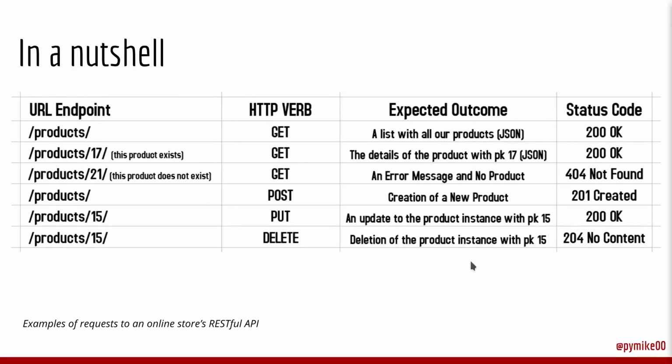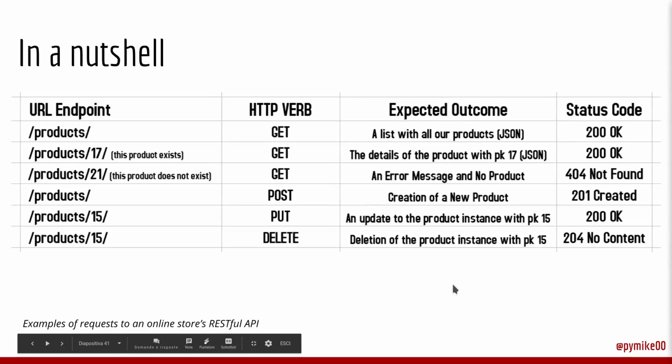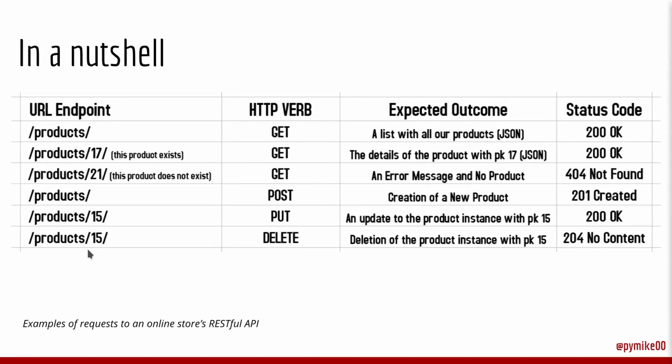Of course, in such cases, for both POST and PUT requests, if we wanted to create or update a product, we would have also to send the details about the product in the message body. And then if we wanted to delete the same product, product with primary key 15, we would have to go to /products/15, HTTP verb DELETE, and would expect, of course, the deletion of a product instance with primary key 15, and as status code 204 no content.